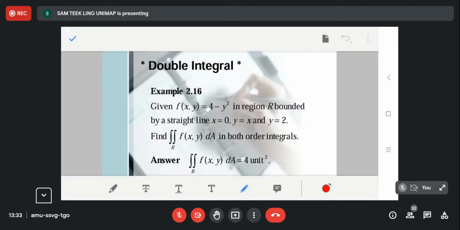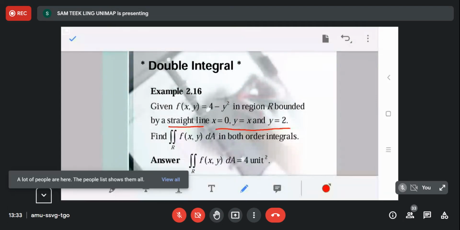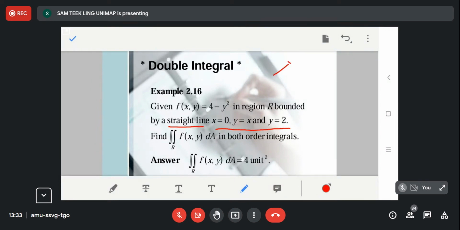If you want to sketch the three straight lines, x equals 0, y equals x, and y equals 2, you need to sketch the picture first. So x-axis exists, y-axis exists. Where is your x equals 0?